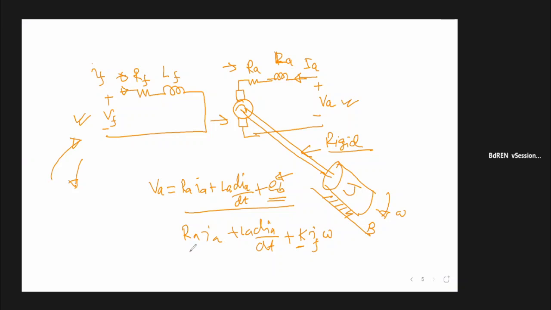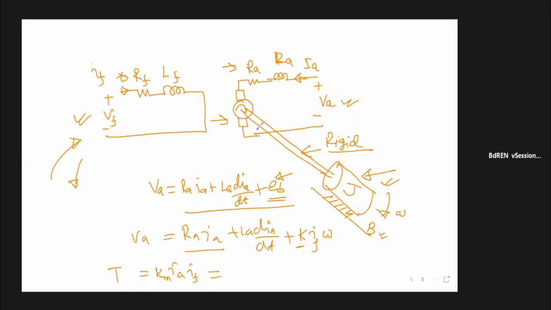When this current IA is available in your armature, what will happen? That current IA with current IF with a constant Km will create a torque. And that torque is the torque that will cause your machine to rotate, and it will be utilized in three different components. One, to overcome the inertia J. Another part will be utilized to overcome the loss in friction.